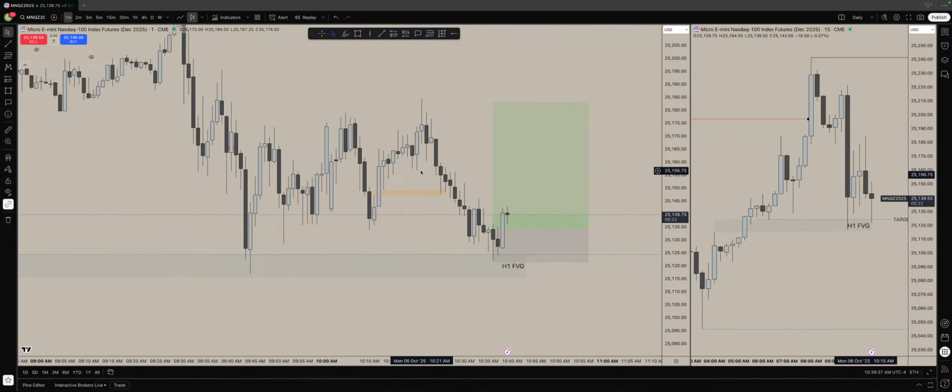But basically we're fighting between an H1 FEG and an M15 FEG. I'm no betting man, but I would more than likely take the H1 over the M15.